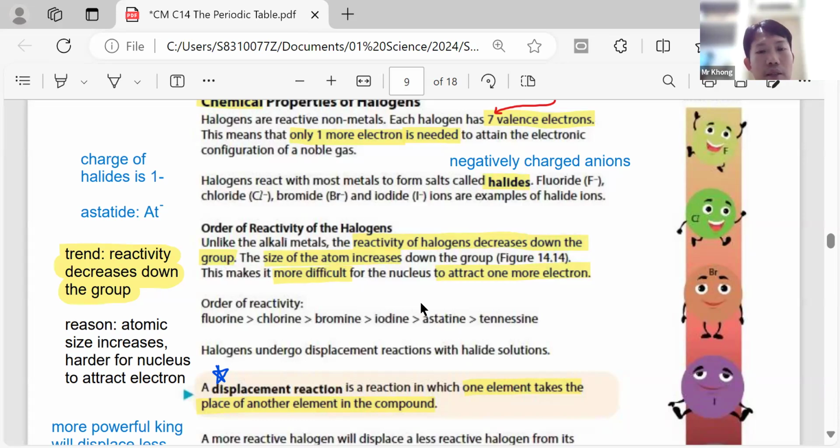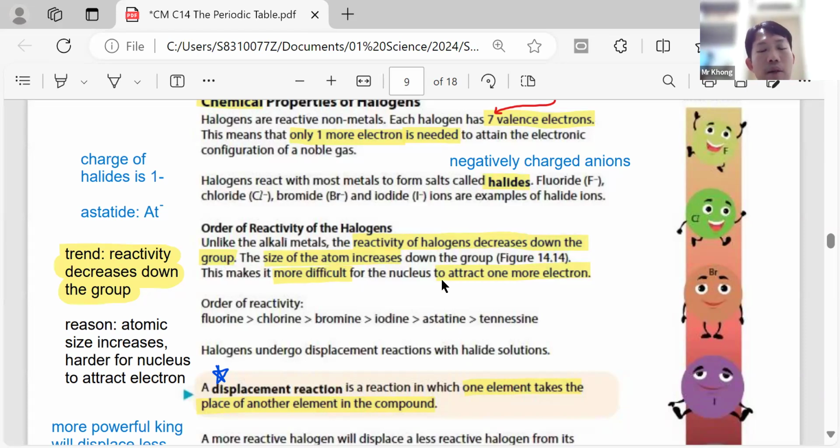So for halogens, it is really the opposite of the alkali metals. And why is that so? The reason lies in the size of the atom. The atomic size of our halogens increases down the group because there are more and more filled electron shells. This makes it very difficult for the nucleus to attract that one more electron. Because it is harder to attract that one electron, reactivity decreases.